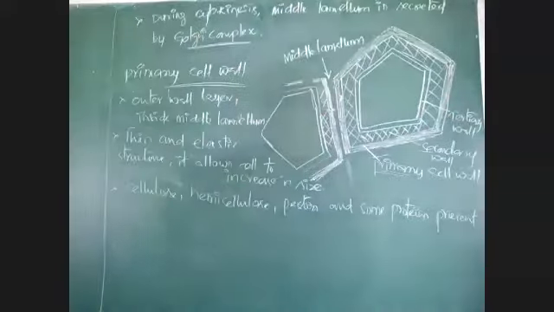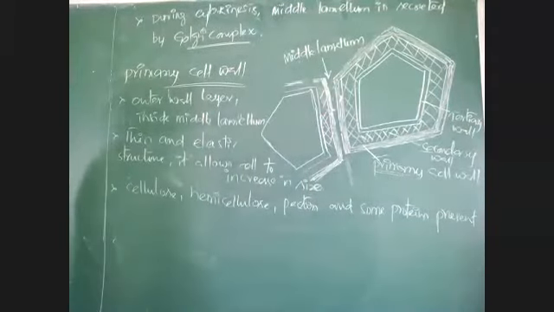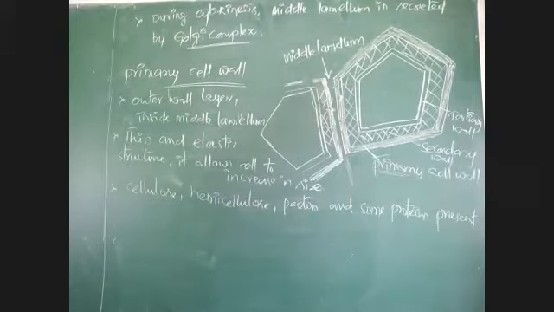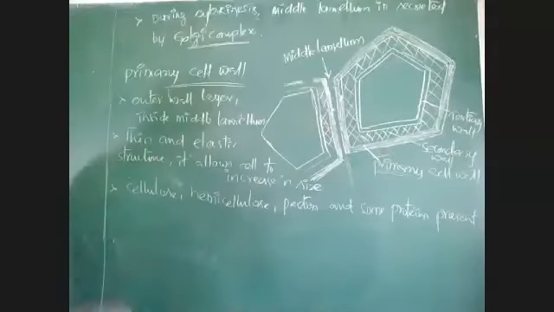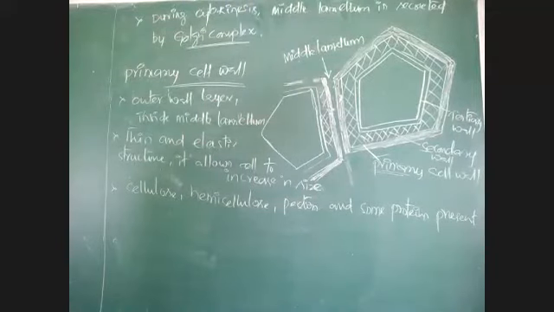Primary cell wall is made up of cellulose, hemicellulose, pectin, and some proteins. Here it forms a network-like structure with the help of this cellulose, hemicellulose, and pectin.